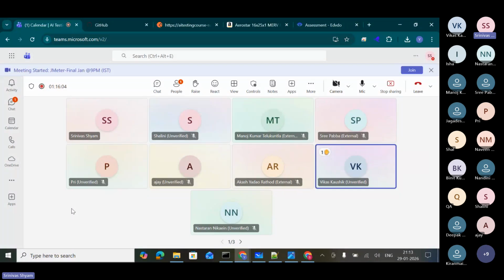See, more of the market is for the first one, fully like an AI tester. Let's say 60 to 70% of the market will be for that. 30% will also be there for those who want to use it as an additional skill, like a performance engineer or a tester who wants to do AI testing also. Yes, he can also do that. But it's a full-time role because it needs full-time attention.